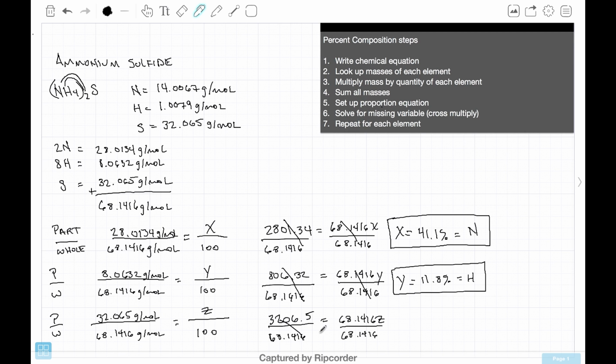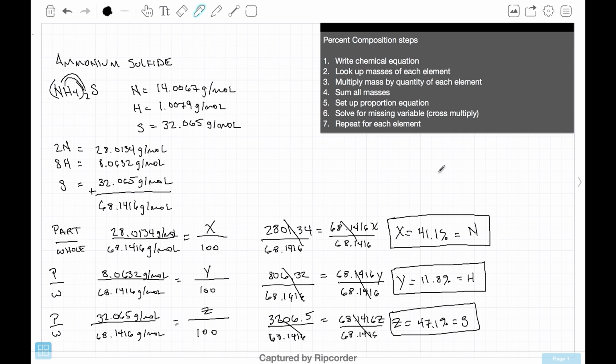And you'll find that Z equals 47.1%. And that represents how much sulfur is in ammonium sulfide. And that's it.